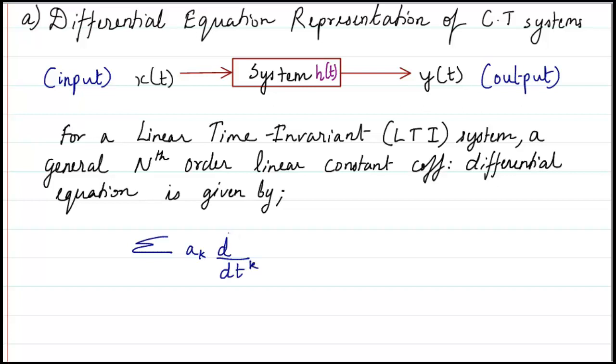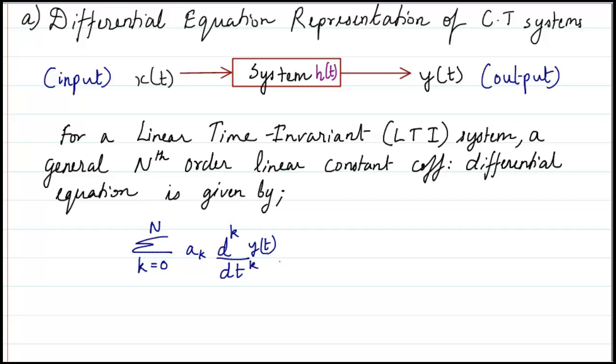So here the order is going to be k, the kth order derivative of y of t, such that the value of k goes from 0 to some n. If it's a first order system, the value of capital N will be 1. If it's a second order system, then the value of capital N will be 2, and so on for higher orders.